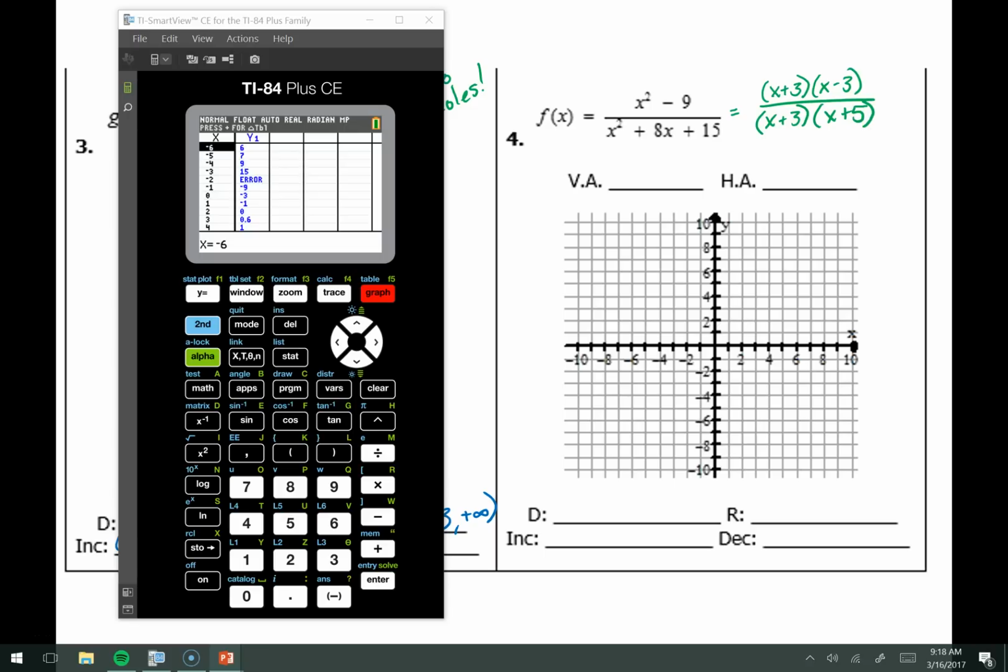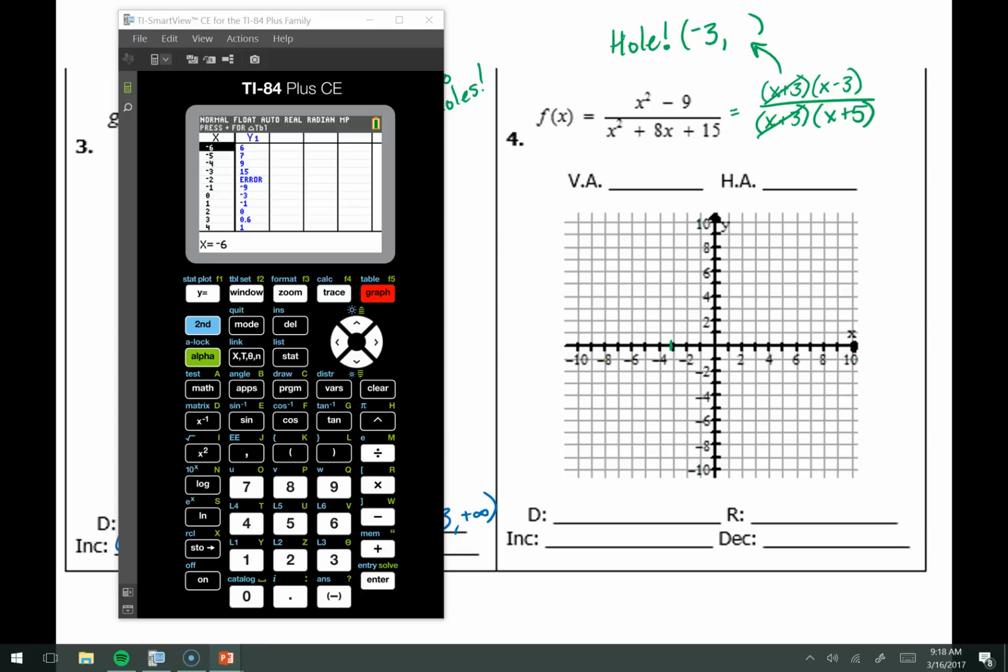Okay, so do you see how x plus 3 divides out? That means that is a hole. The hole is going to happen at negative 3 something. X is equal to negative 3 there, and I'm going to have to find what that y value is. But when I graph down here, special stuff is going to be going on at that point, negative 3 something.